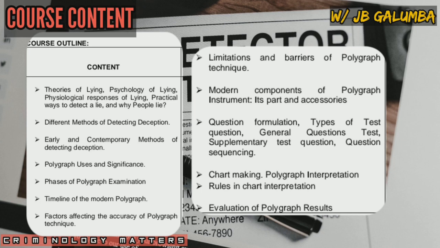How can we figure out which specific changes in the chart can we consider as a sign of lying and which are not? We can only do that if we have effectively and efficiently marked the chart every time there are changes in his movement, or every time a question is being asked to that person.